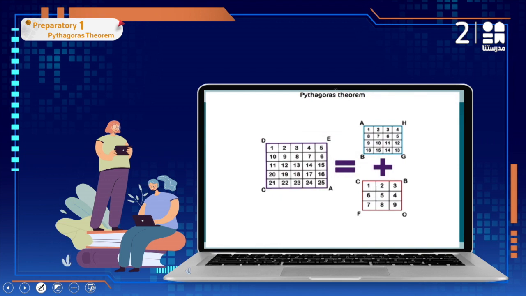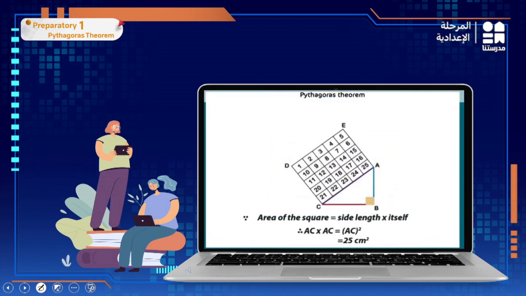Hey, look! The big square area which originates on the hypotenuse equals the sum of the other two squares' area, which originate on the two other sides. Well done. Go ahead. And we learned previously that the area of any square equals the side length by itself.